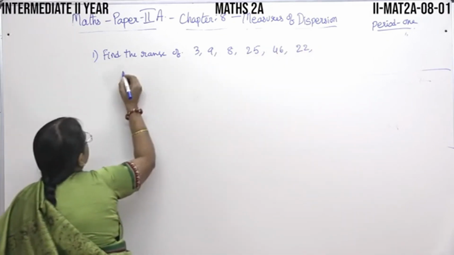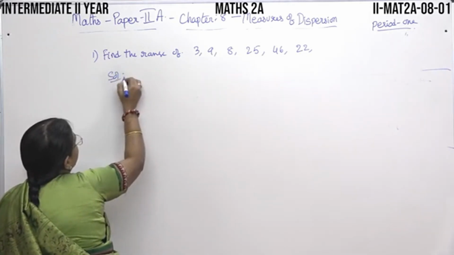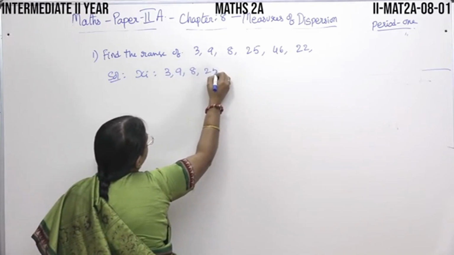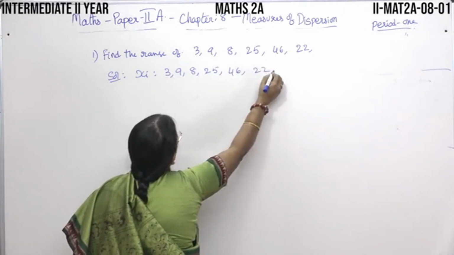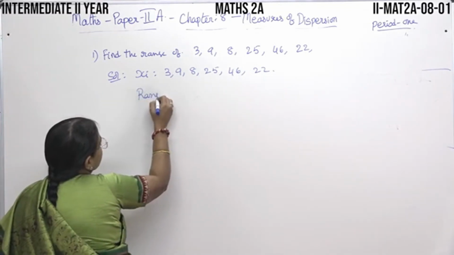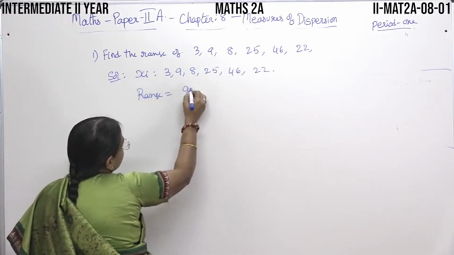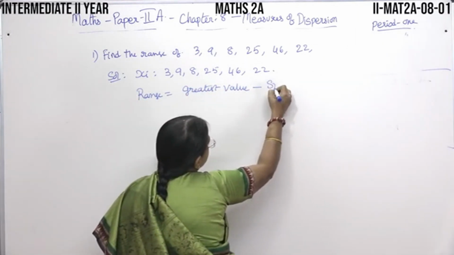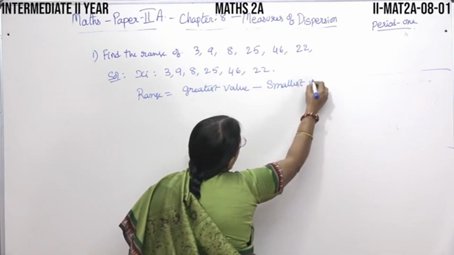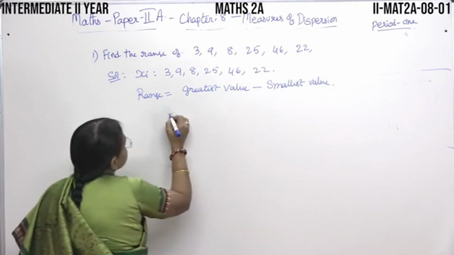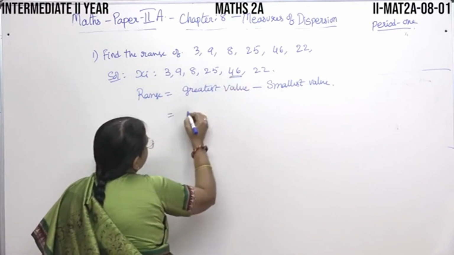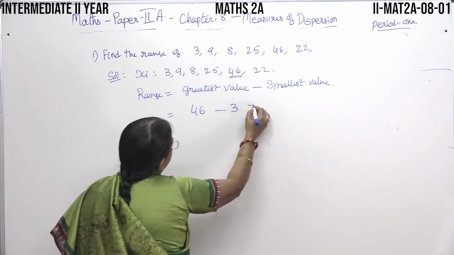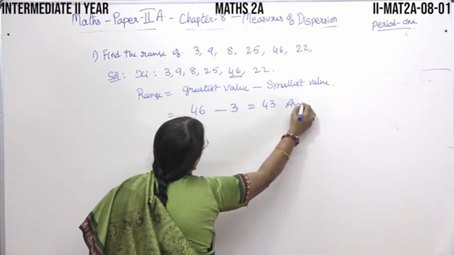The solution: you are given these x's. Range is equal to greatest value minus smallest value. What is the greatest value? Greatest is 46. 46 minus smallest value, 3. That's all, 43. This is the range.